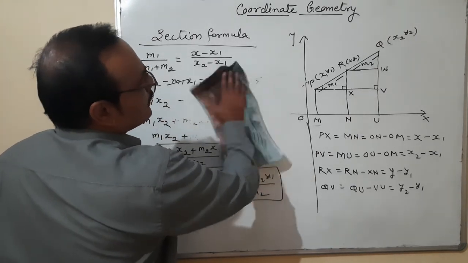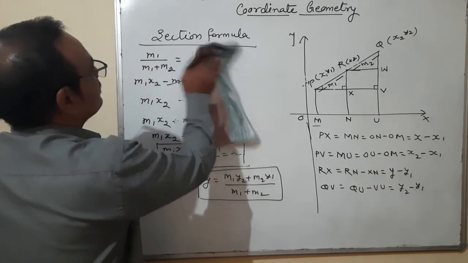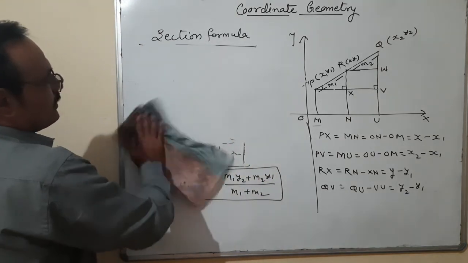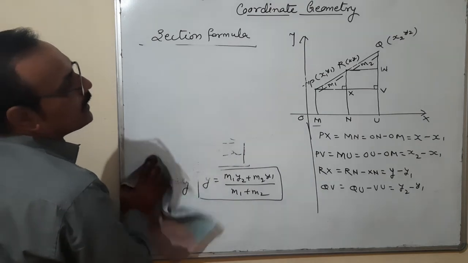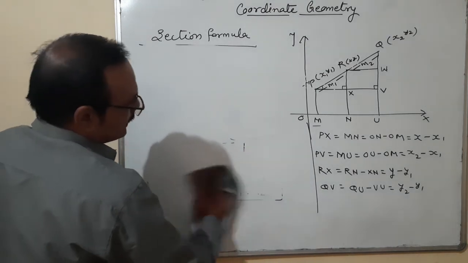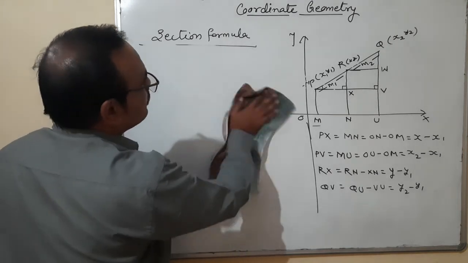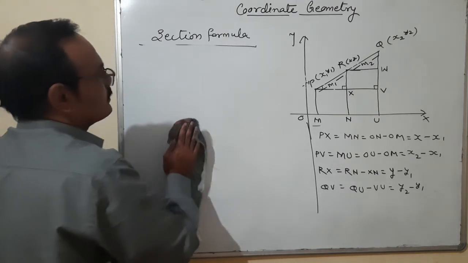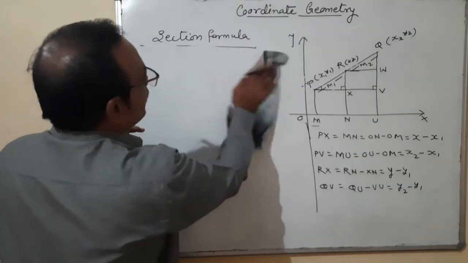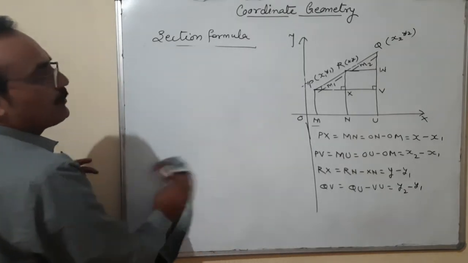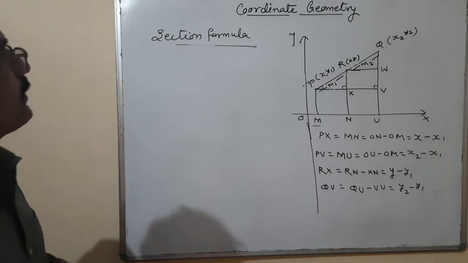If the point R lies between P and Q, that means the position of R is at the middle of P and Q, that means R is at an equal distance from P and Q. Then what happens? Okay.